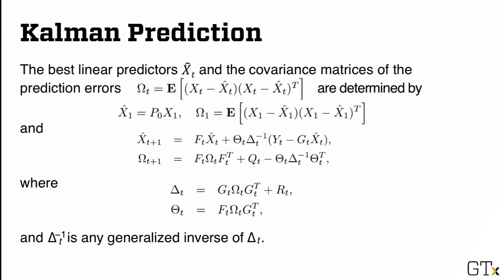Then the recursive formulas for x t plus 1 hat, given xt hat and yt, are provided on the slide. Thus, according to this formula, we obtain x2 hat from x1 hat and y1, x3 hat from x2 hat and y2, and so on. This is why this is a recursive algorithm.